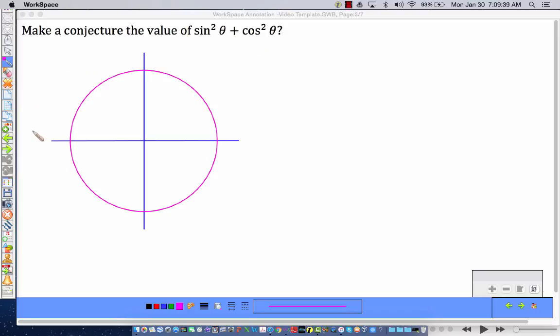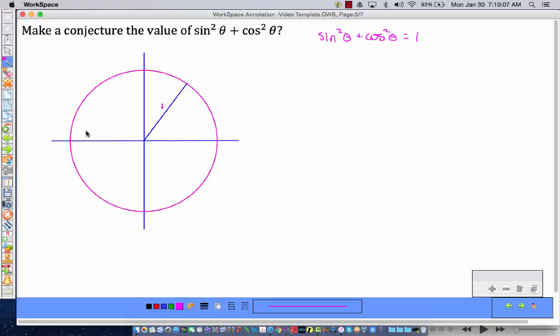Well, hopefully you're going to say, all right, sine squared theta plus cosine squared theta is equal to 1. Okay, well, let's think about that here in our unit circle. Our unit circle has a radius of 1. So let's put that in there. Okay, so no matter where I am, I have a radius of 1.